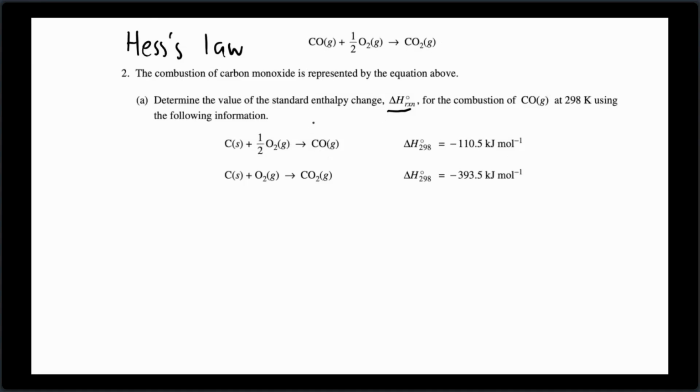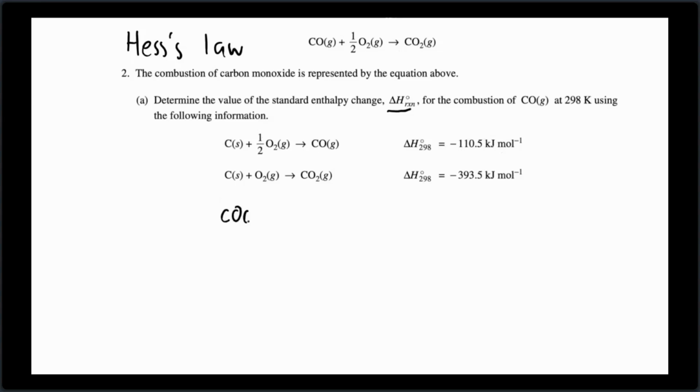We can switch the CO to the reactant side and switch the carbon and oxygen gas to the product side, and that'll make this 110.5 standard enthalpy in the inverse direction, so it'll be positive instead of negative. Since our carbon monoxide is on the reactant side, let's do that real quick.